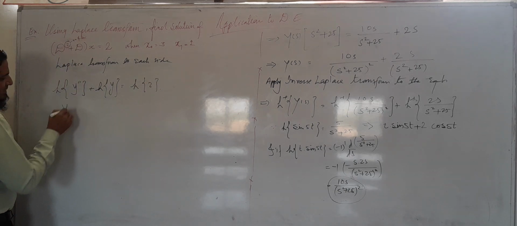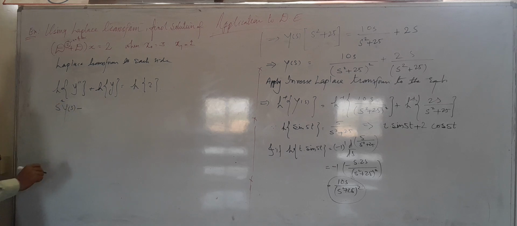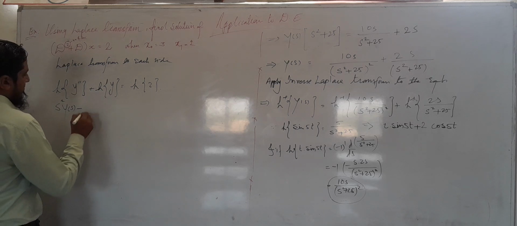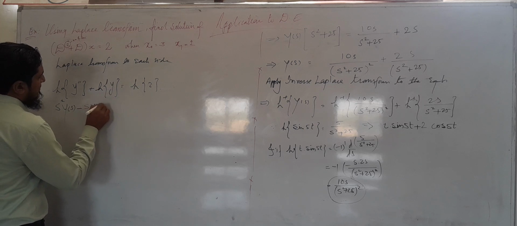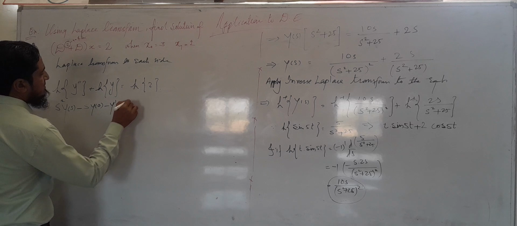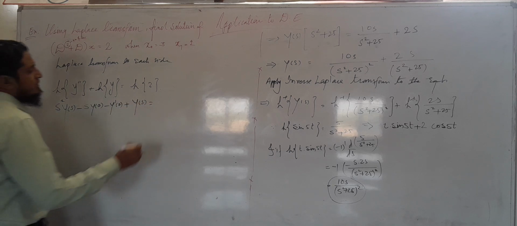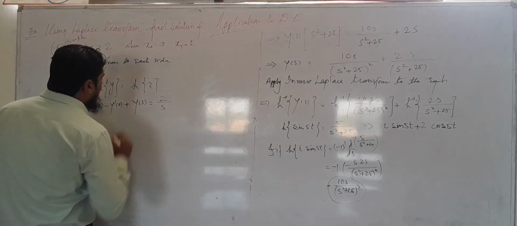Since we know that Laplace transform of x double dash is equal to s square X(s) minus s x(0) minus x'(0), plus X(s), and Laplace transform of 2 will give us 2 upon s.